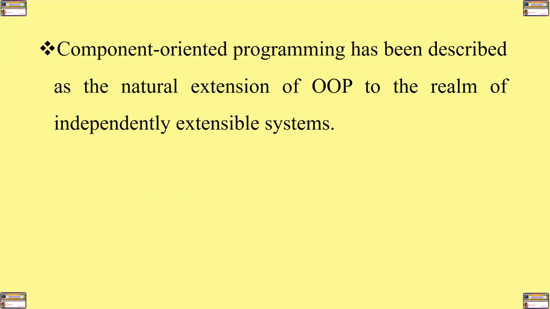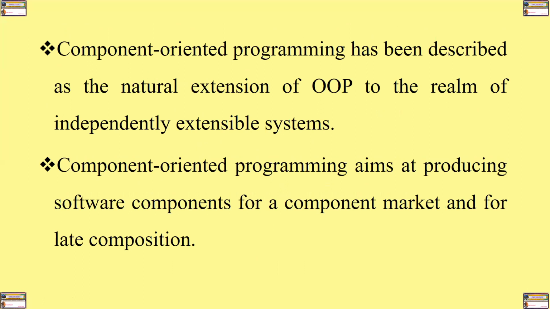Component-oriented programming has been described as the natural extension of object-oriented programming to the realm of independently extensible systems. Component-oriented programming aims at producing software components for a component market and for late composition.